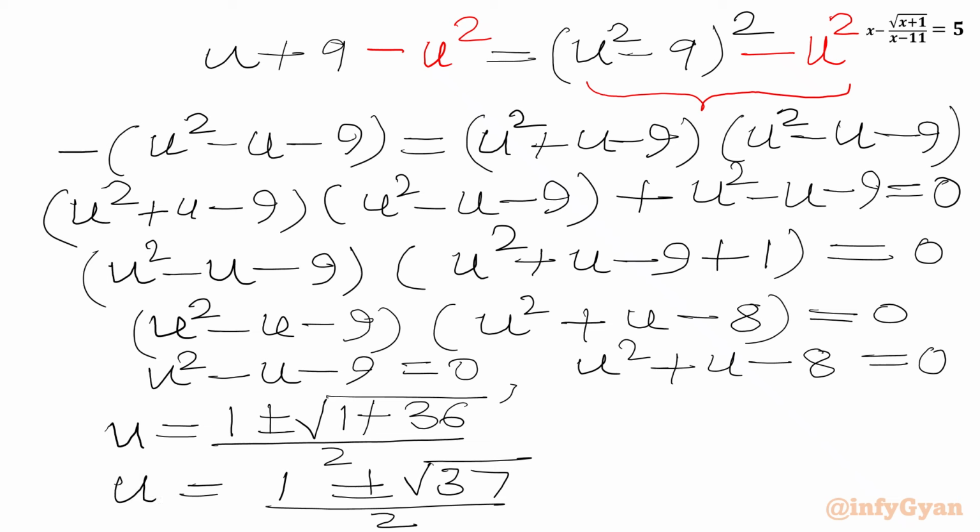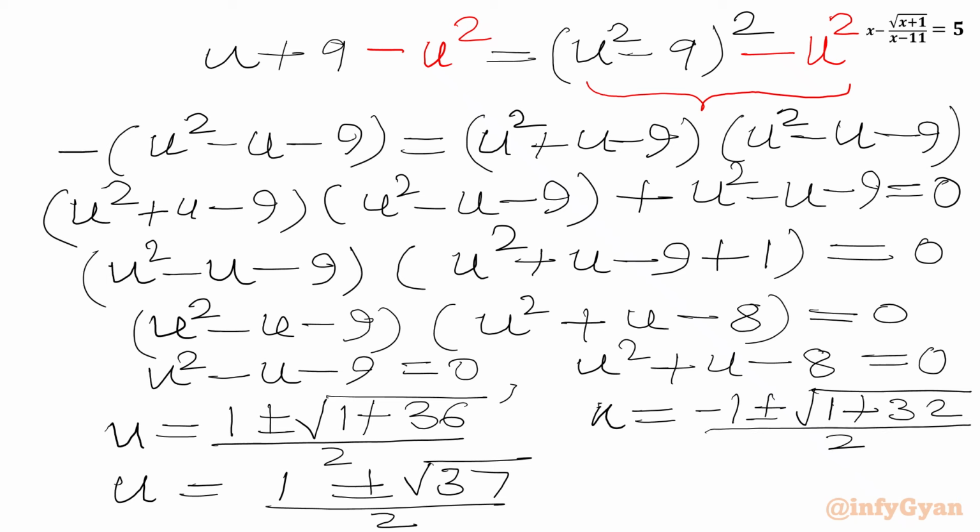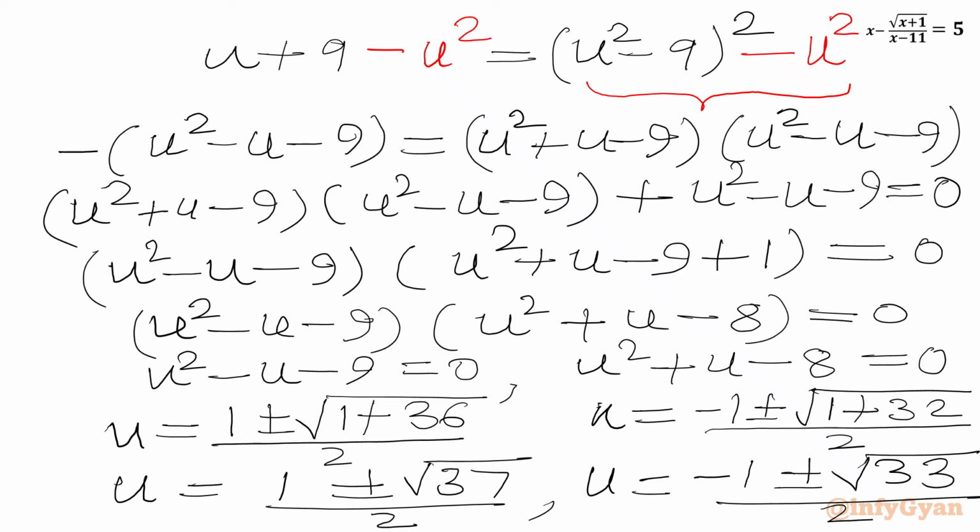Now we will solve our second quadratic equation. So I will write here u equal to −b. b is plus 1, so −1 plus minus the square root of b², which is 1² is 1, minus 4 times 1 times −8, plus 32, over 2 times 1, so 2. So from here we are going to get another two real values, (−1 ± √33)/2.